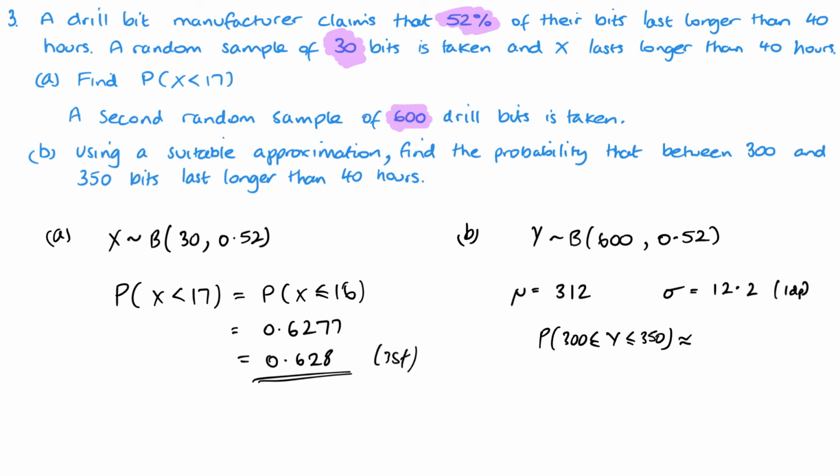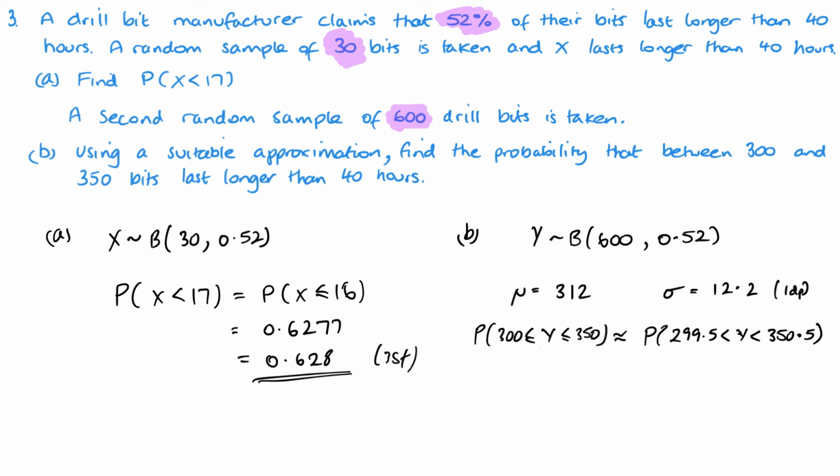It should really say inclusive of those values there. Anyway, let's apply continuity correction, and what we will get here is that it will now be between 299.5 and 350.5.